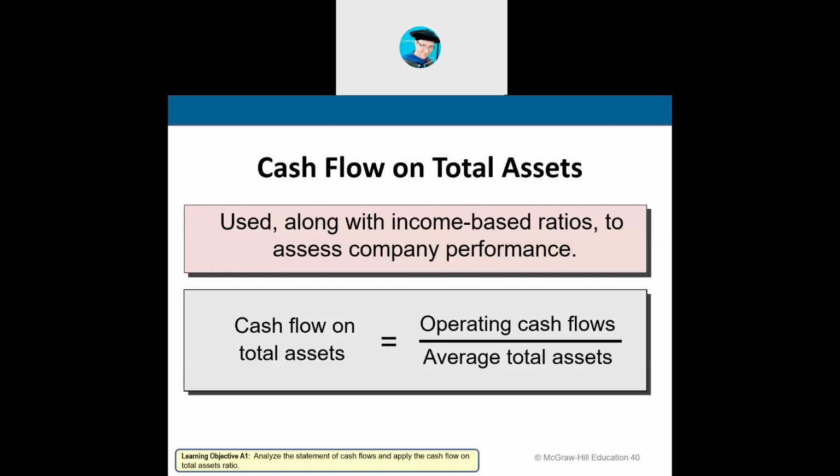The operating cash flows is the net operating cash flows. So there'll be cash inflow for operating activities minus cash outflow for operating activities equals net cash flow for operating activities, divided by average total assets.